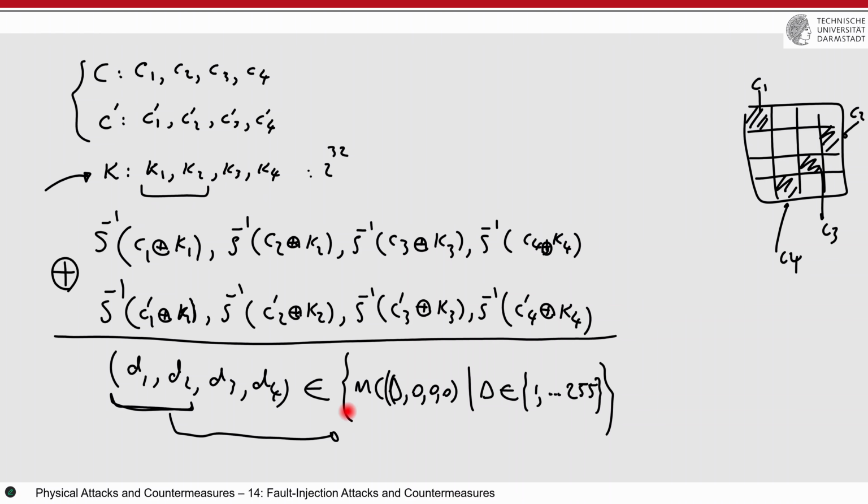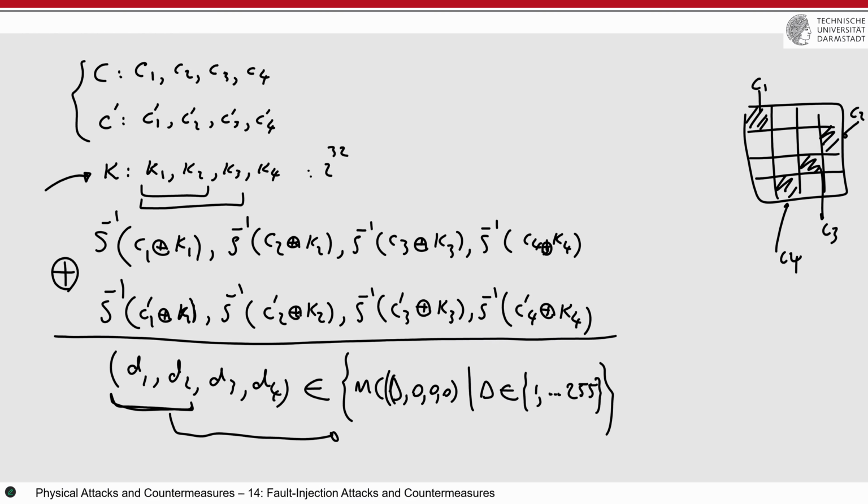Then you continue: you check whether these 3 belong to the first 3 bytes of this set, and then you make another set for K1, K2, and K3, again with 256 cases, and for the remaining candidates you check now 4 bytes. Then the result of the attack will be exactly the same.